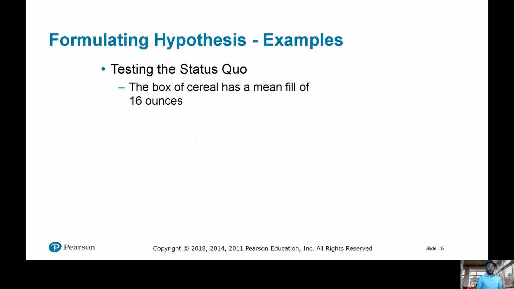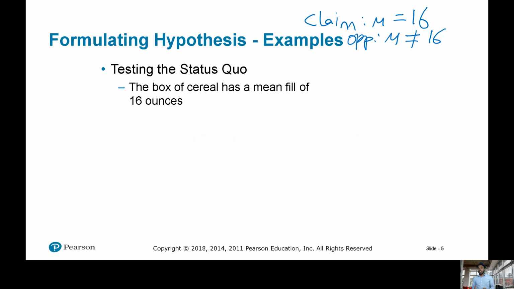So our claim here is that the box of cereal has a mean fill of 16 ounces. So the claim here is that the mean is equal to 16. Okay? And what's the opposite of this? The opposite is that the mean is not equal to 16.